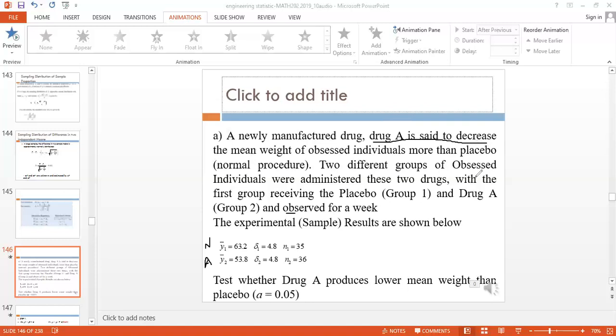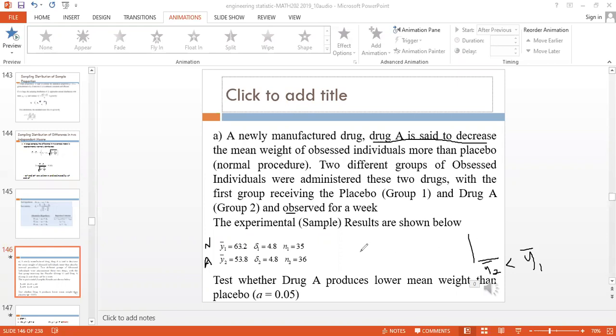So at the end of the day, we expect that the weights in drug A should be far less than the weight in the normal procedure. This is the expectation that the average weight in drug A should be less than the average weight in the normal procedure, if indeed drug A reduces the mean weight better than the normal procedure.